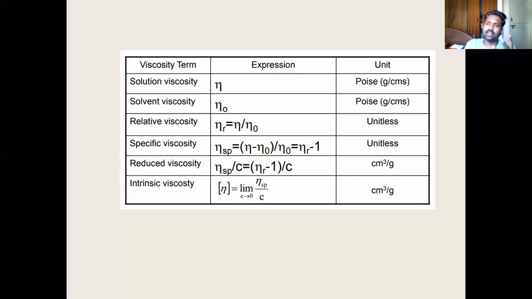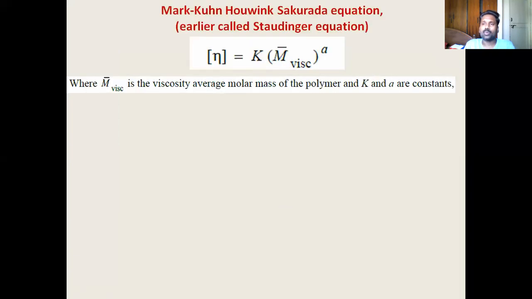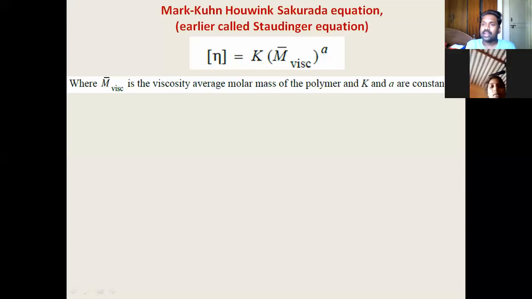They have very large viscosity values, and these will not give you accurate results finally when you plot it on a graph and determine the molecular weight. So in very dilute solutions, like what we use in the determination of viscosities, intrinsic viscosity is an important factor. Now, how to relate the viscosities to the molecular weight?